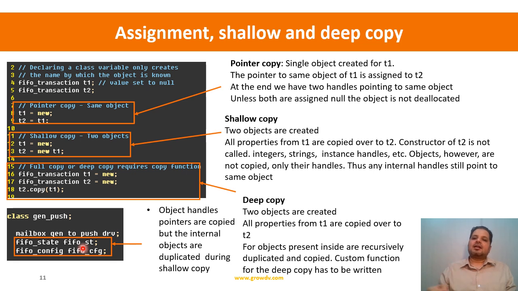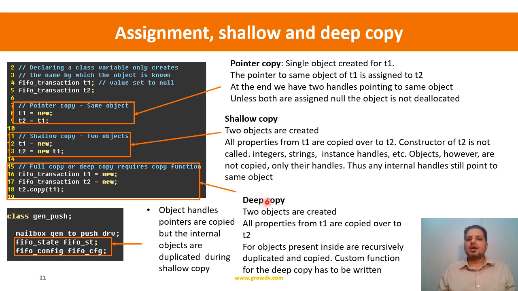If there are class handles, it again allocates that particular class and calls the copy function of that class, similar to this. So it will call the FIFO state dot copy and that particular object handle dot FIFO state, so that the content can be copied over. So recursively it needs to be done with the help of the custom function.